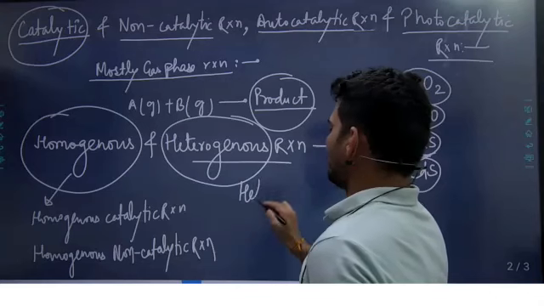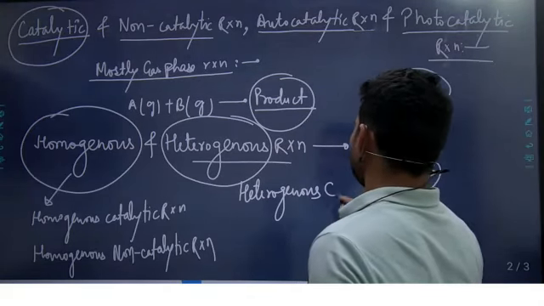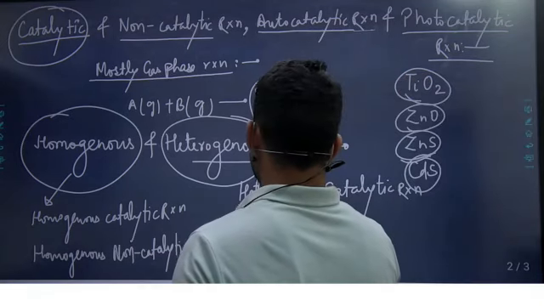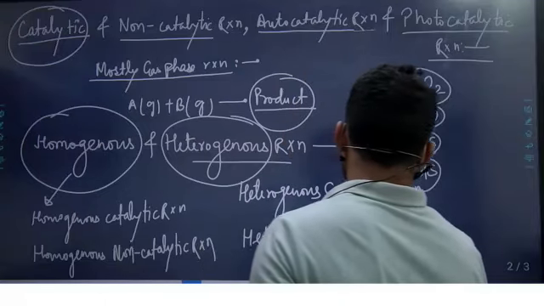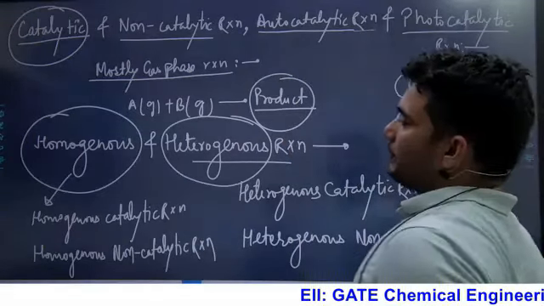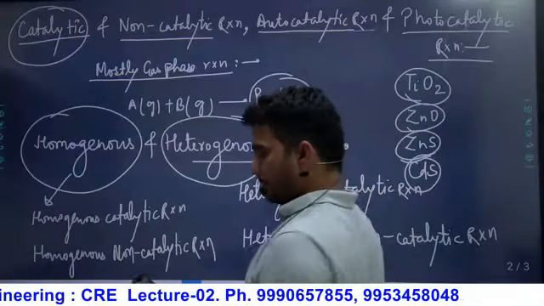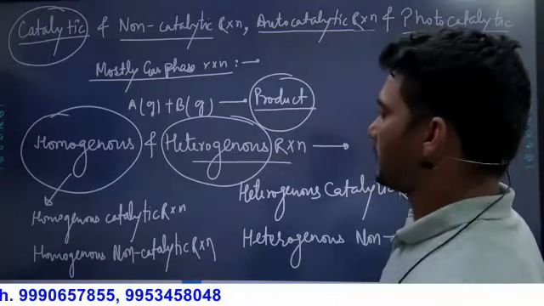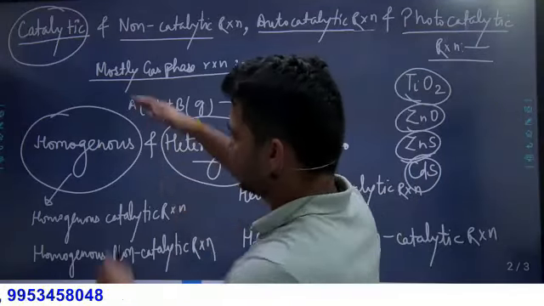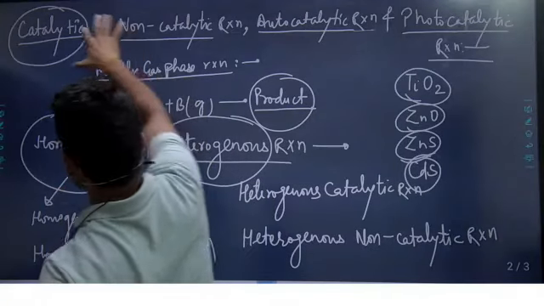Heterogeneous can be a heterogeneous catalytic reaction or a heterogeneous non-catalytic reaction. Now try to understand, the catalyst should also be in the same phase for homogeneous. So the catalyst is involved in these reactions, homogeneous and heterogeneous.